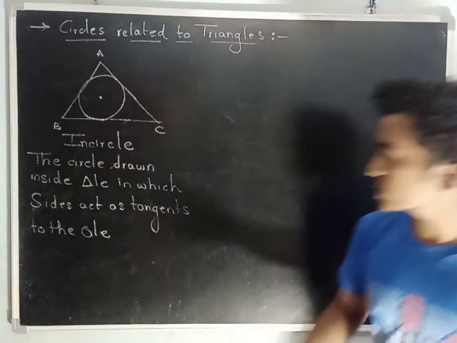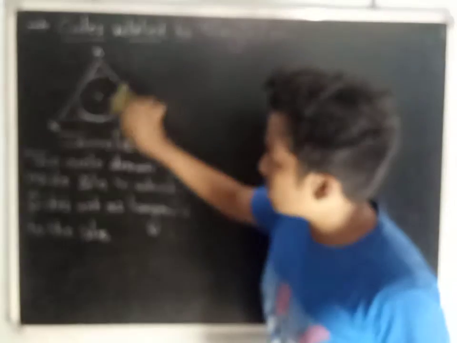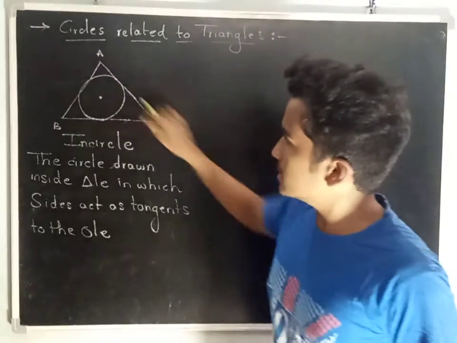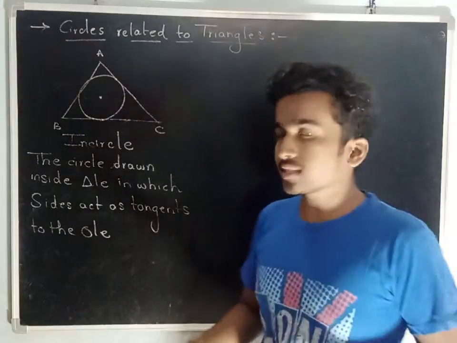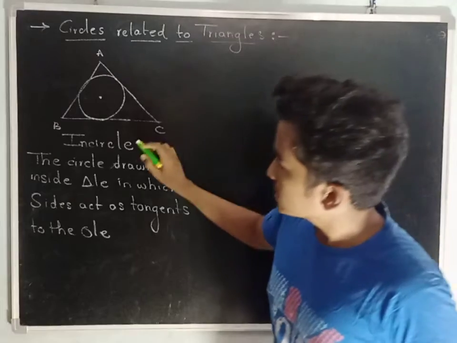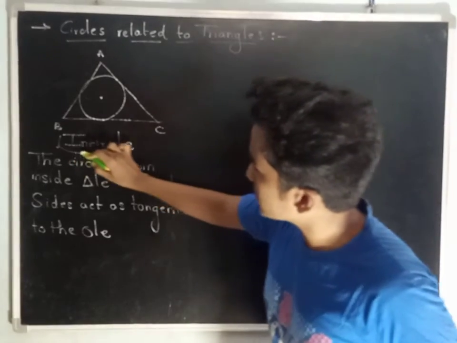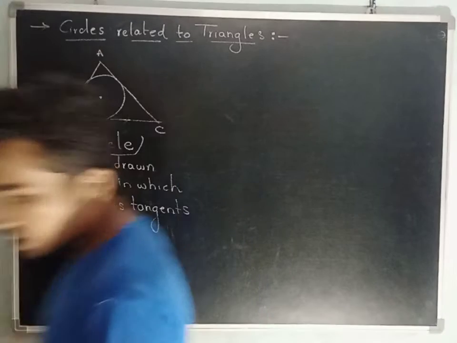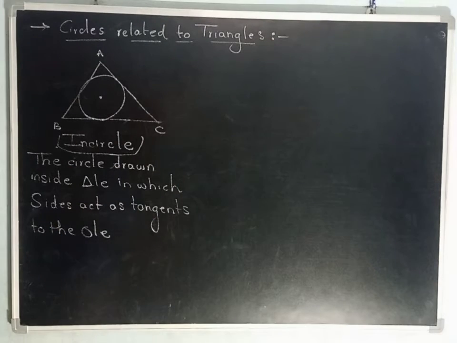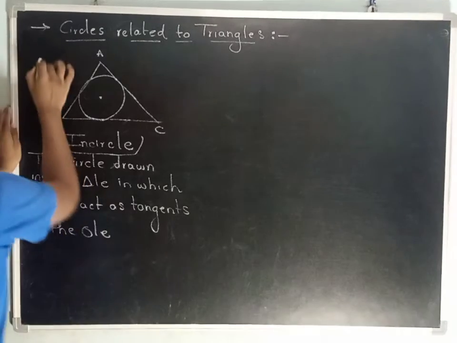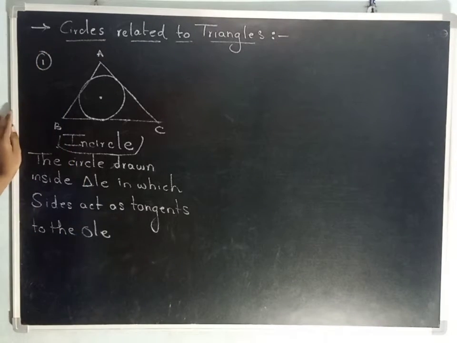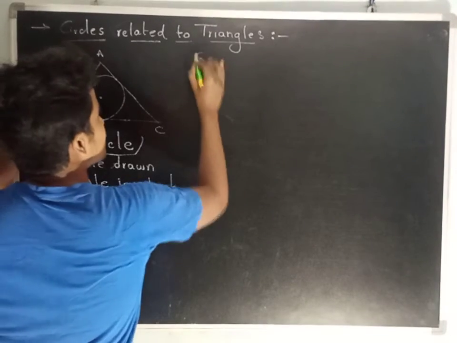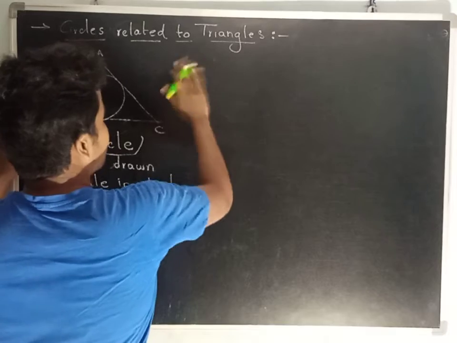This is what we have to understand. A circle drawn inside the triangle so that these sides act as tangents to this circle. Such type of circle is called as incircle. Okay? This is one type.